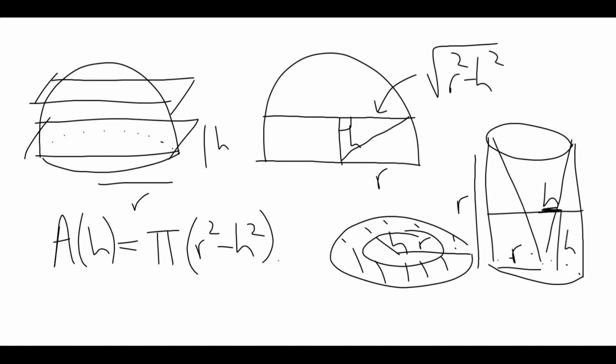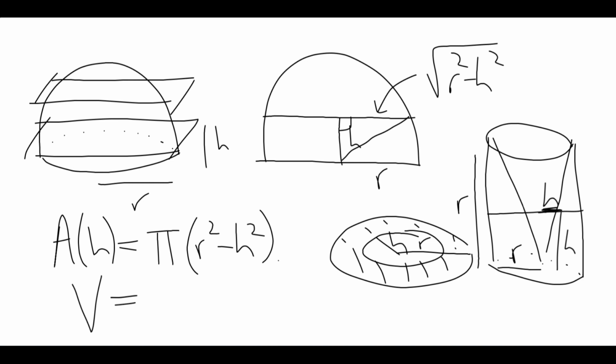Okay, so when h is 0, the inner radius is 0, you have a complete circle. When h is r, you have a circle of radius r minus a circle of radius r, which is 0. So as you vary h, these rings get larger or smaller. So the hemisphere and the cylinder with the cone removed have the same cross-sectional areas, so their volumes are also equal.